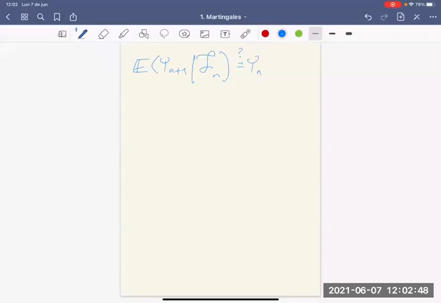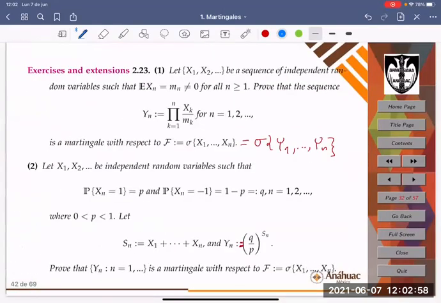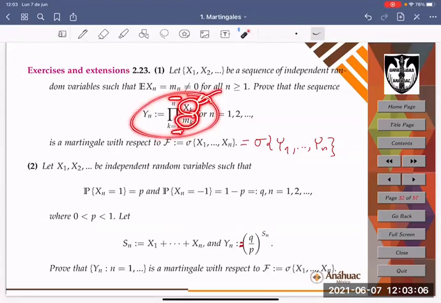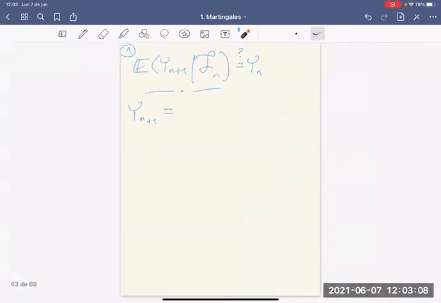Now, in order to do that, this is the first exercise, what I need to do is to write what the Y process is. According to our definition right here, this process equals the product from 1 to n of all these random variables divided by their respective means.